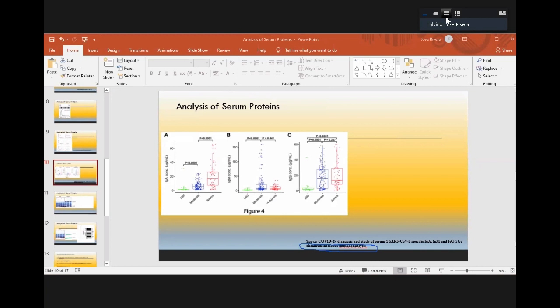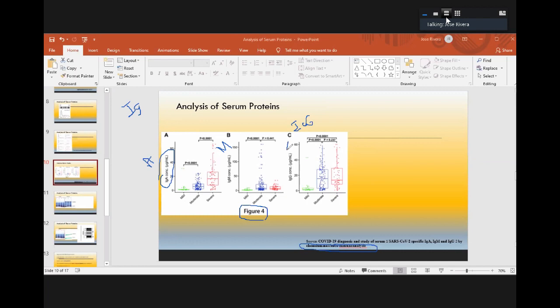In this paper, I'm not going to go over the paper, just some of the results. They're looking at amounts of three different immunoglobulins: IgA, IgM, and IgG, the main antibody here.